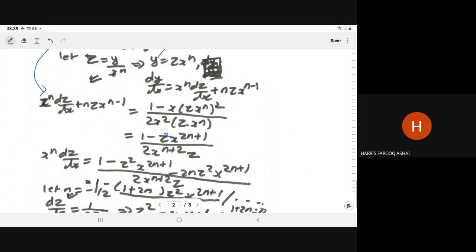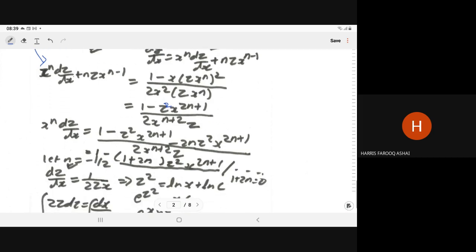So now we have to separate the variables. The main problem is in integration, right? If we are able to write the expressions in such a way that one side is an explicit expression of z, another side is an explicit expression of x, then you can integrate easily.